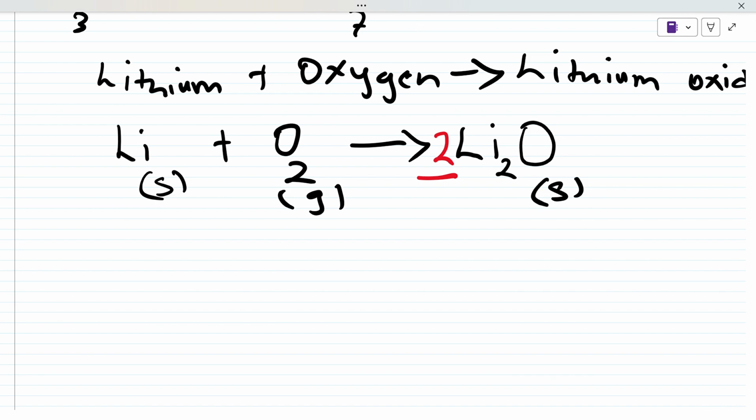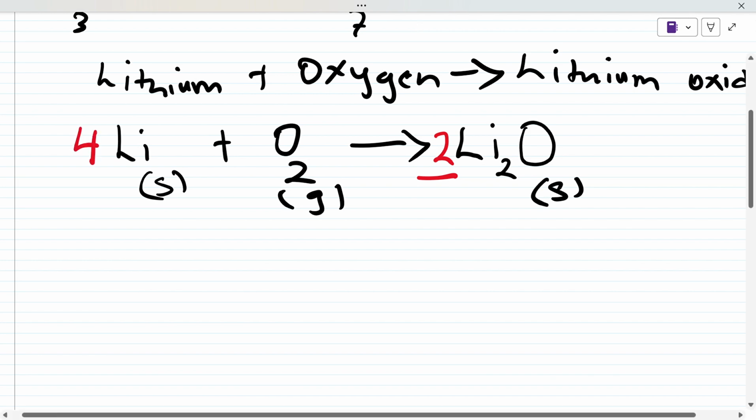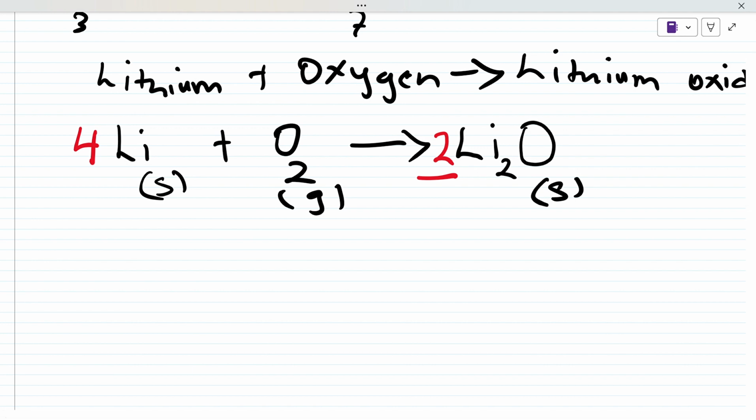Meaning, how do I make lithium 4 on this side? I'm going to put a 4 here because it was originally 1. Then through that, I've just finished my chemical reaction. It is now balanced. I have 2 oxygens on the product side, 2 oxygens on the reactant side, 4 lithiums on the product side, and 4 lithiums on the reactant side. This is how we write and balance a chemical equation.